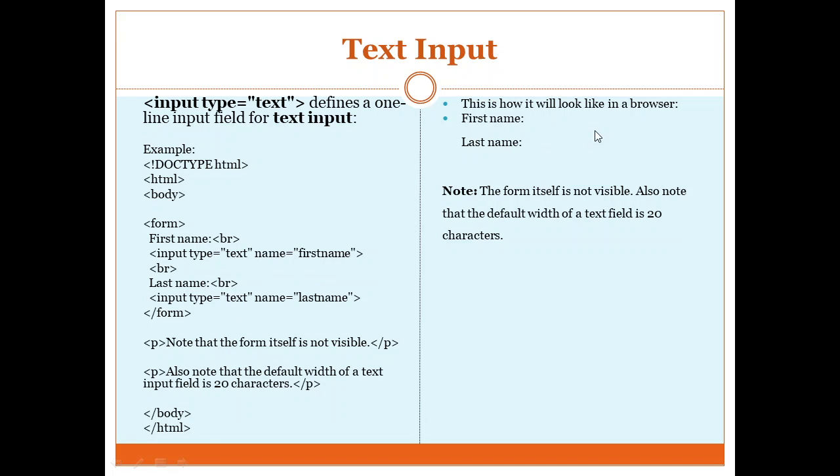This is how it looks in a web browser. Because the form itself is not visible, also we can note that the default width of the text field is 20 characters, etc. A light colored, box shaped text field can be shown here.